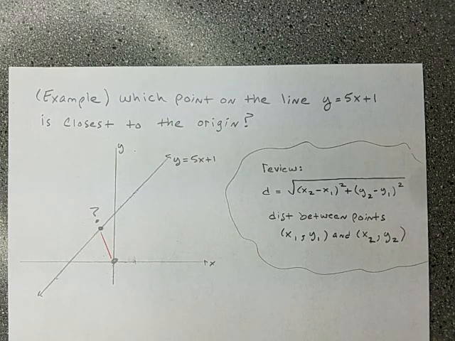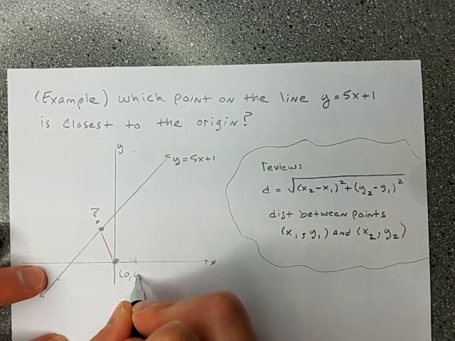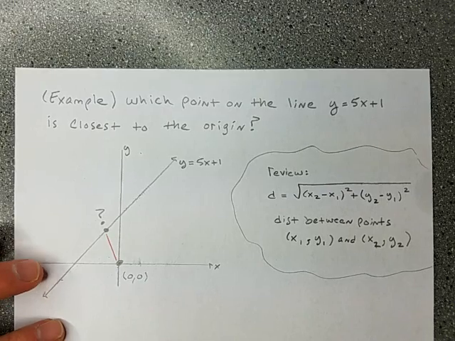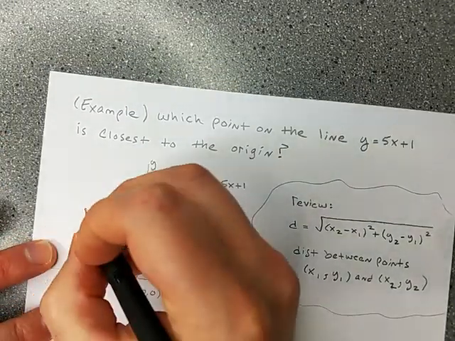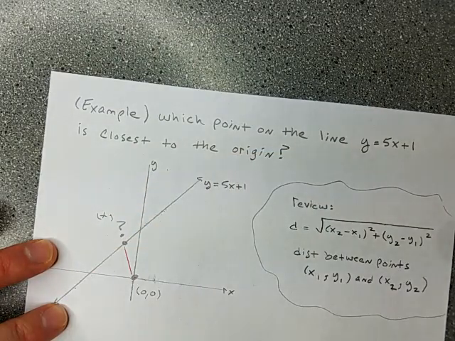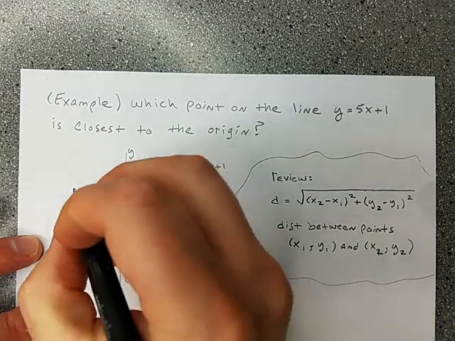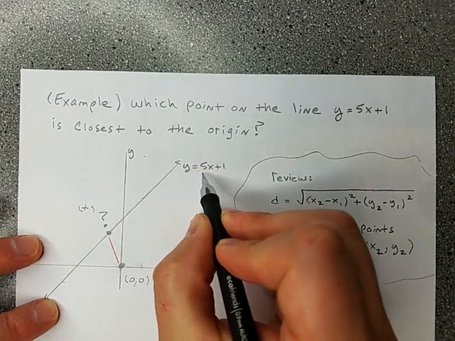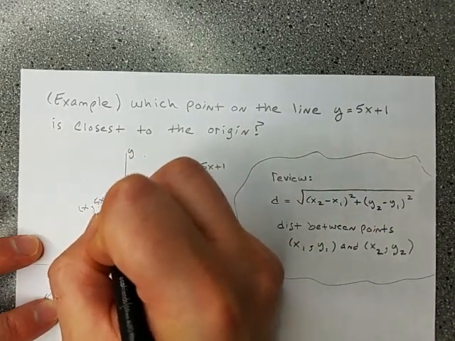Now, this point is the origin, so it's 0 and 0. This point is on that line, and so that means its x coordinate is, well, let's just say x, since we don't know where it is. If we knew where it was, we'd have our answer. And its y coordinate is 5 times the x coordinate plus 1. So we'll do like 5x plus 1.